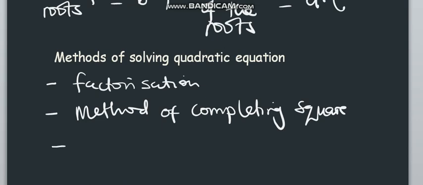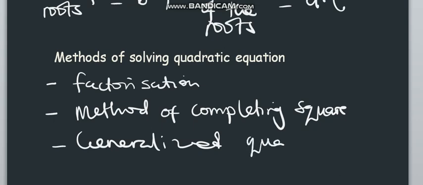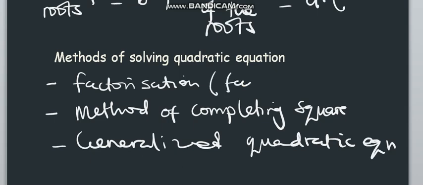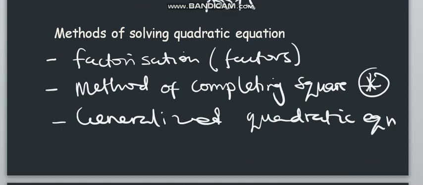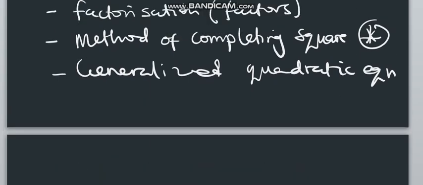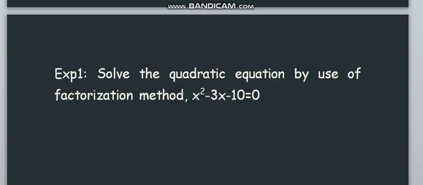Three, the generalized quadratic equation. In the factorization method, we are going to be dealing with factors. You have to take note of completing squares because some students fail to get the concepts. And the generalized quadratic equation is the one we call the bulldozer.